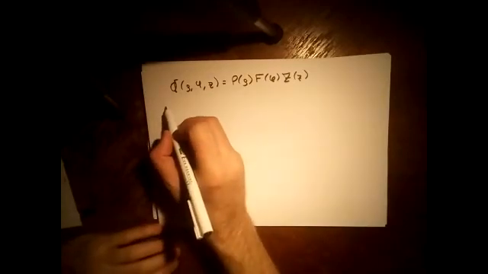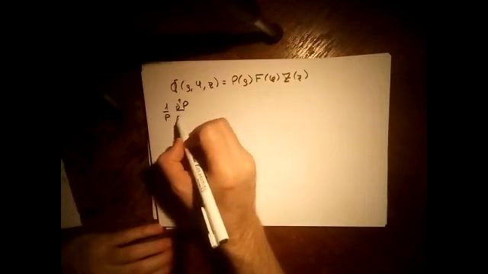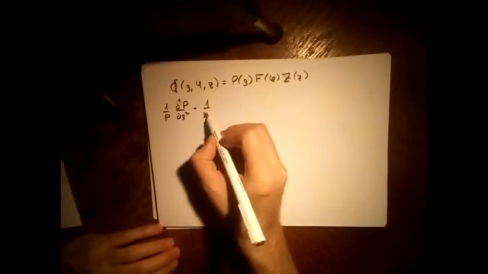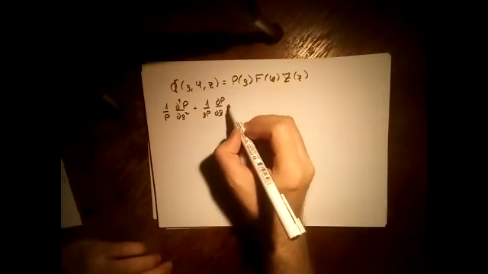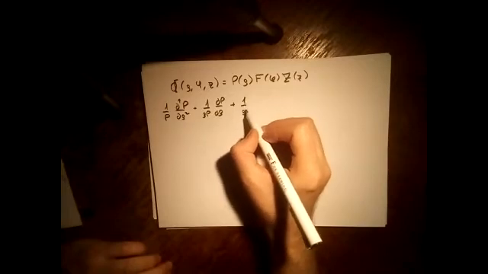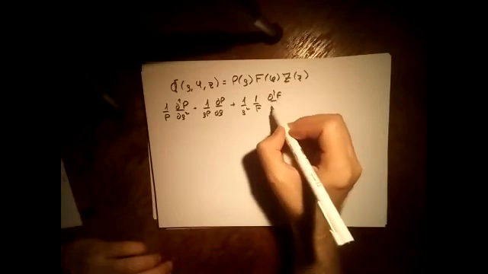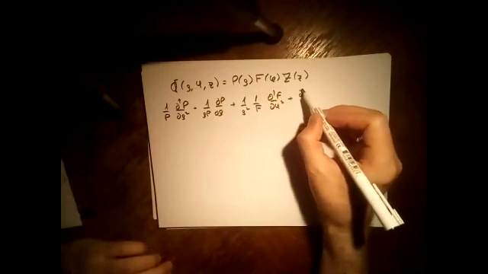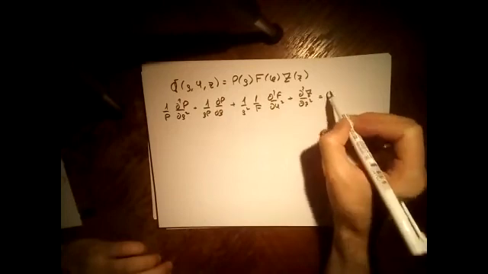we can write that what we're going to get is 1 over P times the second derivative of P with respect to rho, plus 1 over rho P times the derivative of P with respect to rho. And then I will have plus 1 over rho squared, 1 over F times the second derivative of F with respect to phi, plus the second derivative of Z with respect to z, over Z, equals 0.